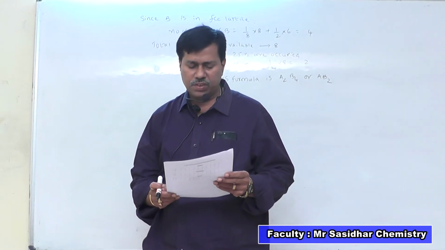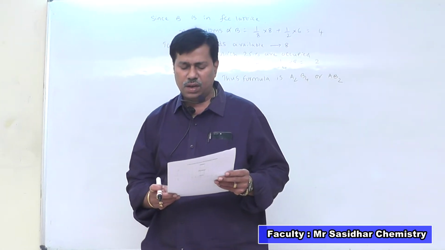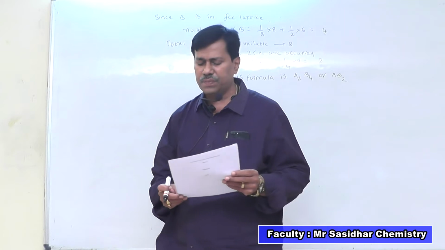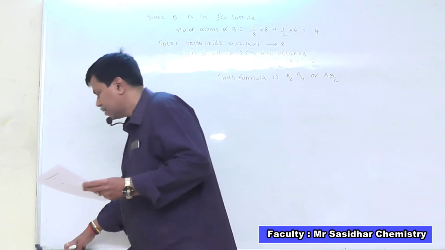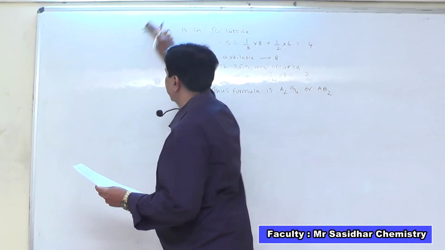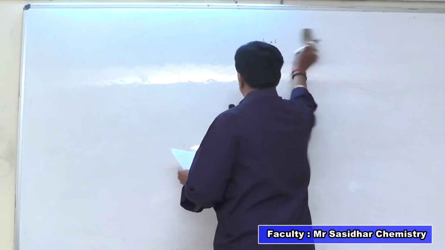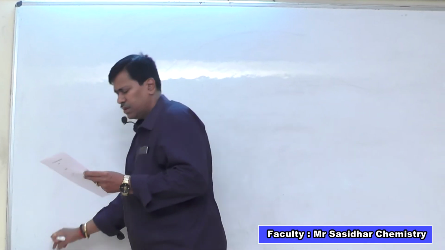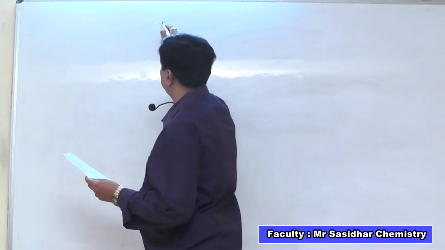In zinc-blende structures, Zn2+ ions are in alternate tetrahedral voids and S2- in CCP lattice. So S2- in CCP lattice.